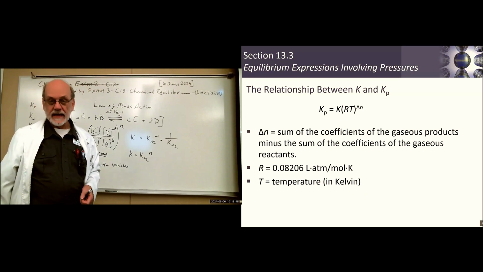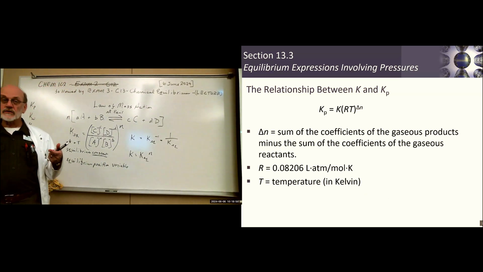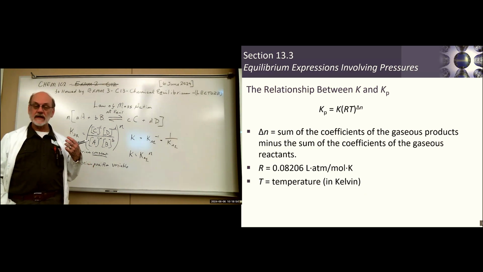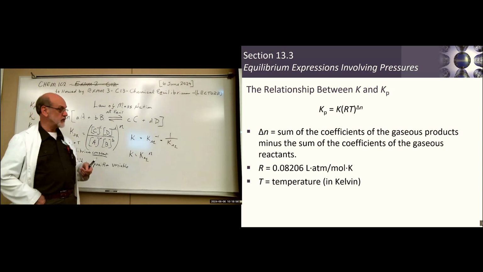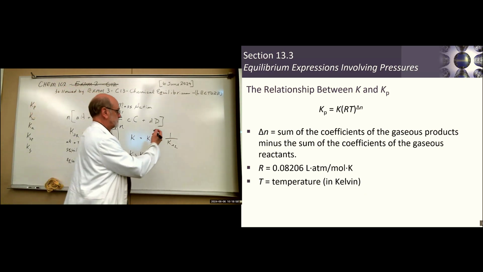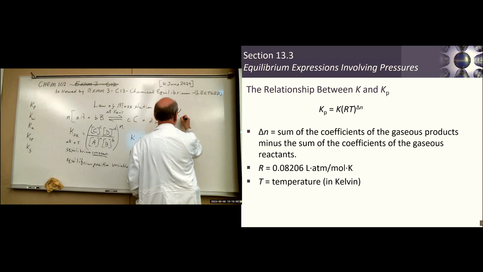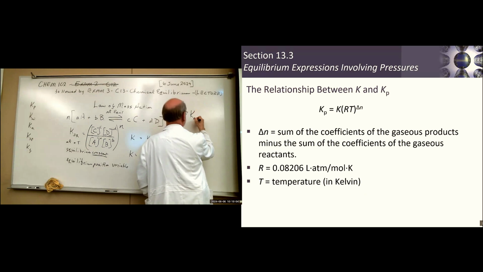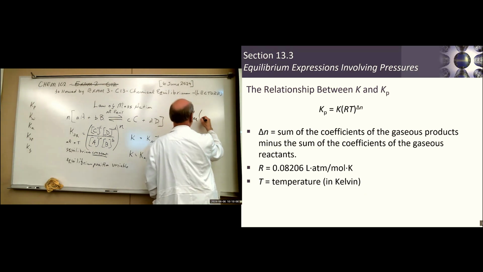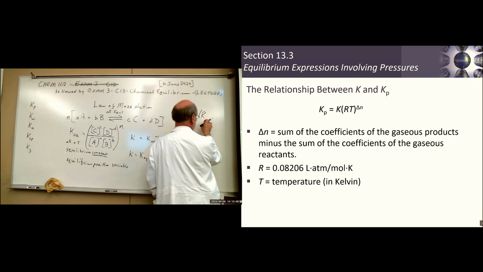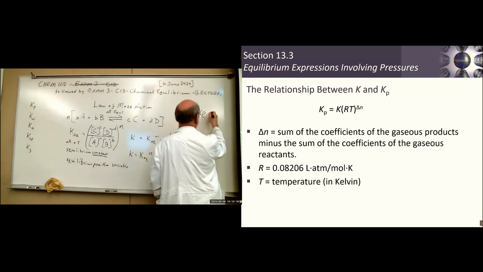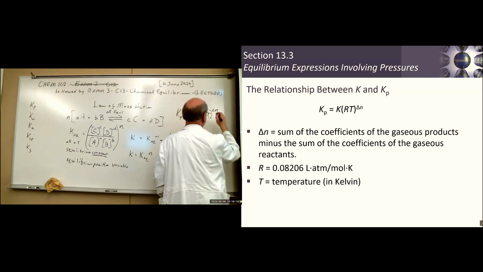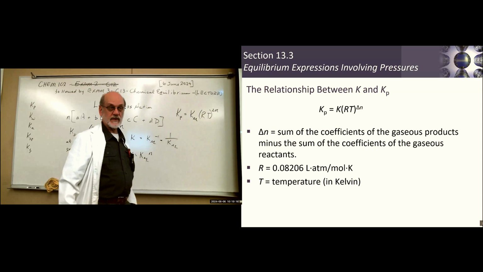Now, if you know the KEQ in terms of molarity, then you can calculate the K in terms of partial pressures using this expression. So the K in terms of partial pressure is equal to the KEQ times our gas constant times temperature, raised to the change in N. And in this case, N means moles.